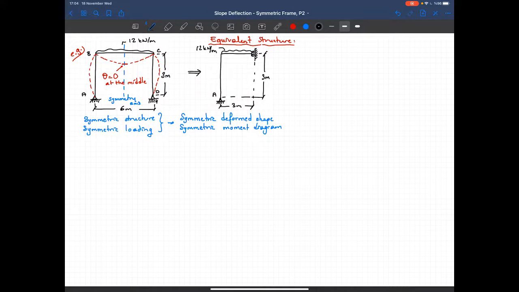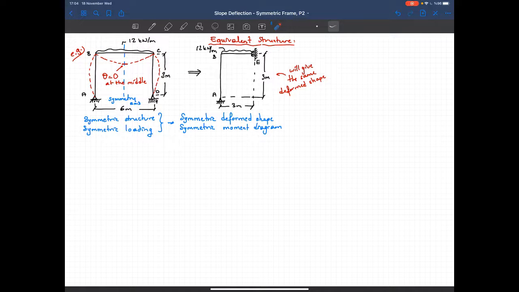Again, point A, point B, and the middle, I just name it as point D. Now I will be analyzing this structure instead of this one and see if we get the same result. Okay, the equivalent structure will give the same deformed shape as this one, as the original structure.